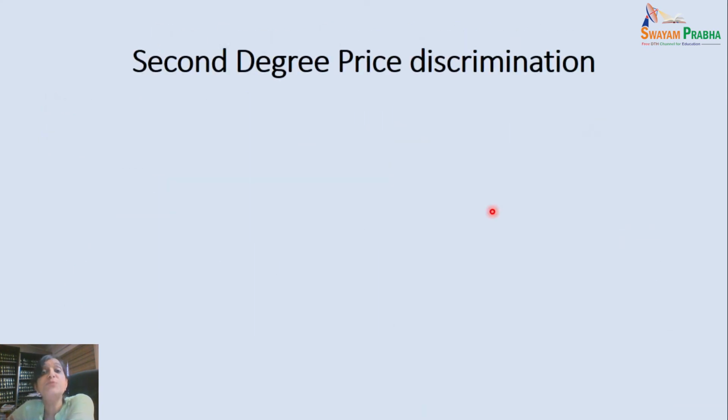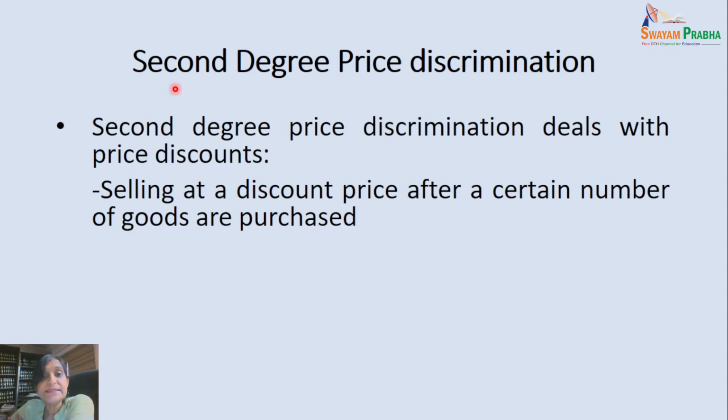Let us understand what second degree price discrimination is and how it is different from first degree. Second degree price discrimination basically deals with price discounts. For example, a seller says I am selling at a discount price after a certain number of goods are purchased.